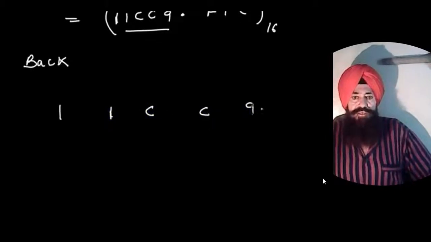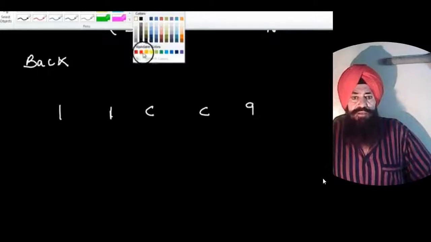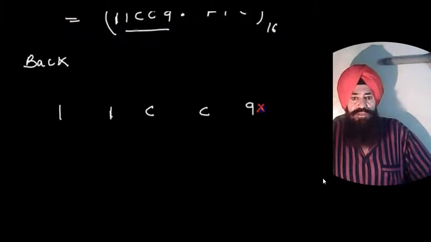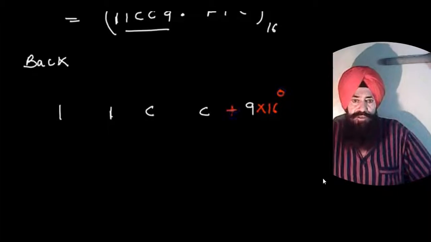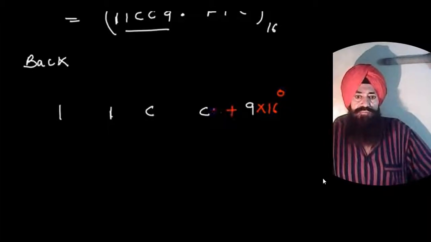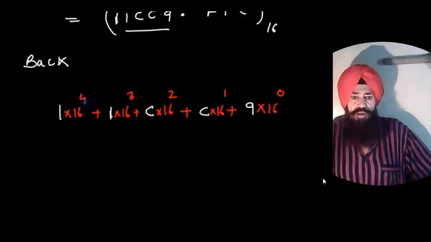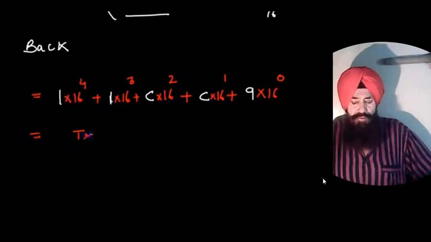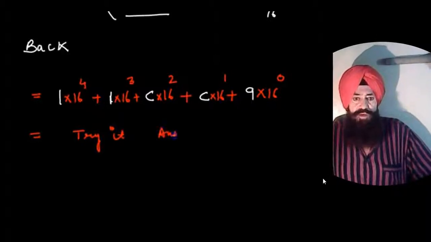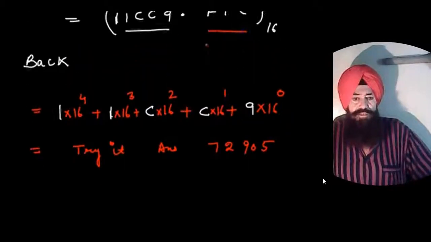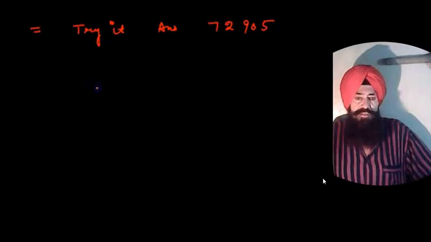So write down the integer first, and go on multiplying by 16 raised to power 0, 16 raised to power 1, 16 raised to power 2, 16 raised to power 3, 16 raised to power 4. I'm simplifying it, and try it yourself, and you'll get back 72905. Very simple.